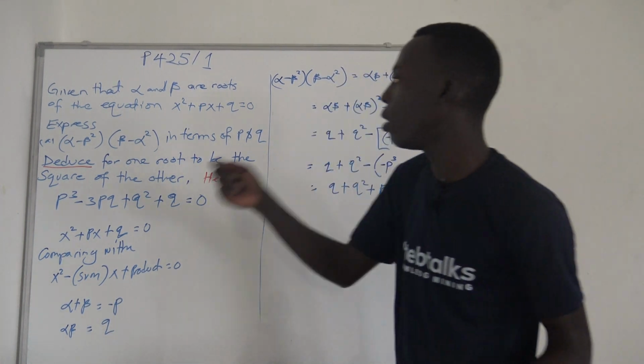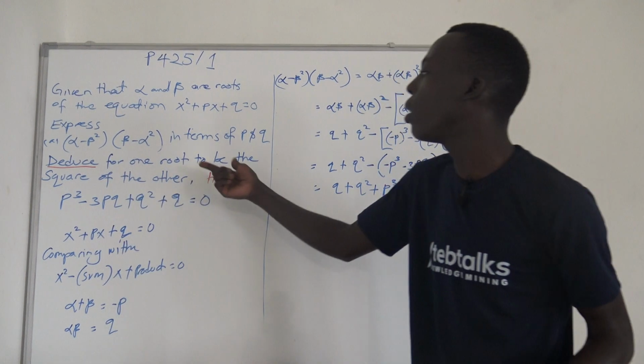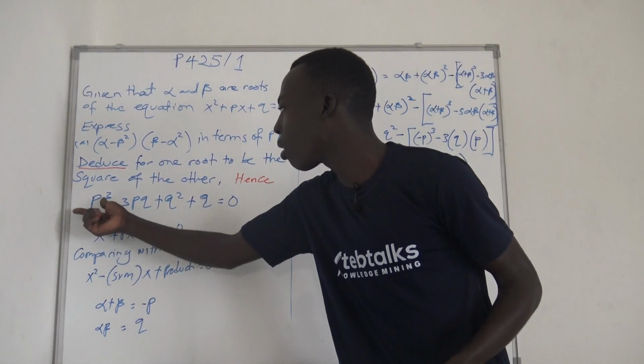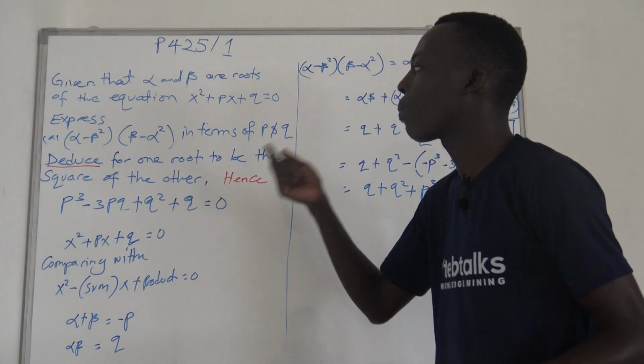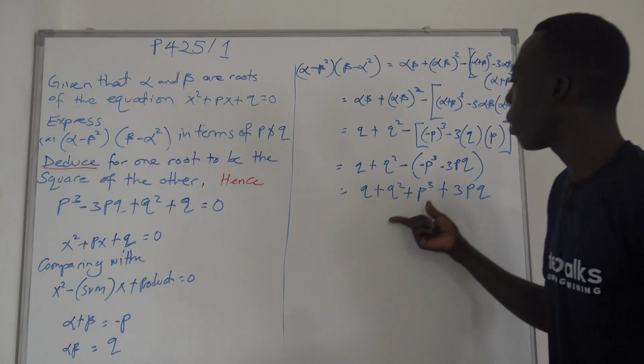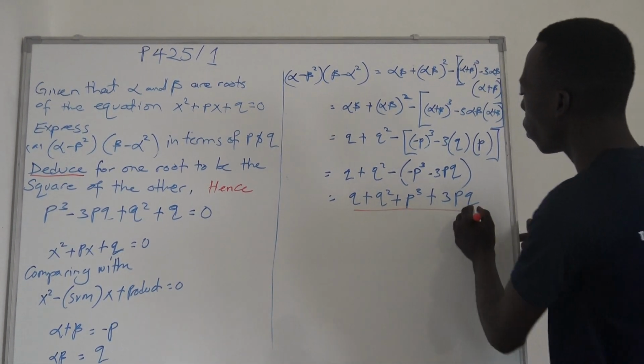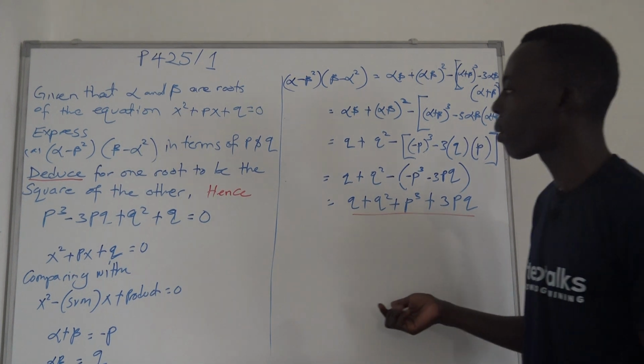So they are saying deduce for one root to be a square of the other, that this equation equals 0. So from where you have stopped at this point, they want you to deduce.